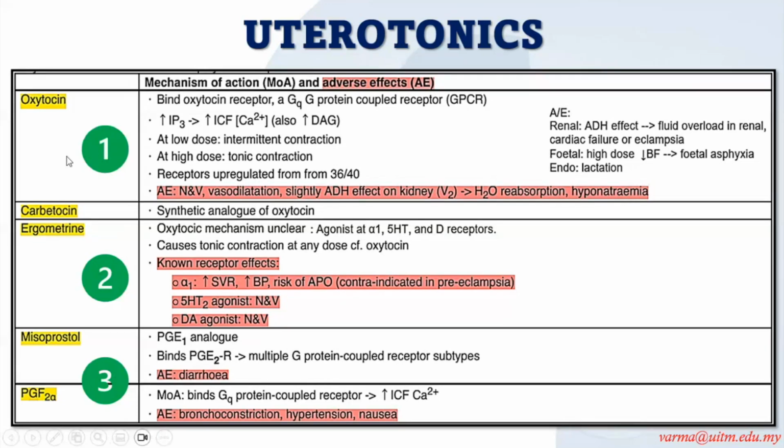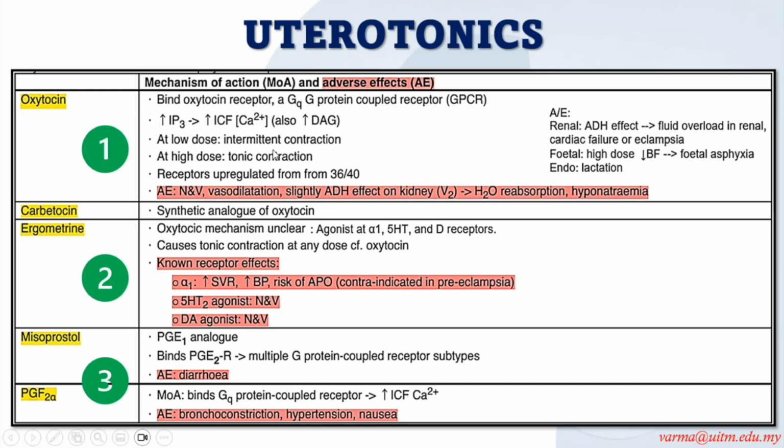Regarding oxytocin, we have to mention it binds to oxytocin receptor. Oxytocin receptor is a G protein coupled receptor, subtype Gq. I'm not going to go into the depth of it. You know how the Gq protein coupled receptor works. It works through IP3 and DAG, increasing the calcium concentration and causing the smooth muscle contraction. You have to make a note, oxytocin at low dose causes intermittent contraction.